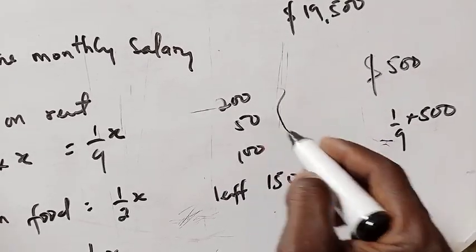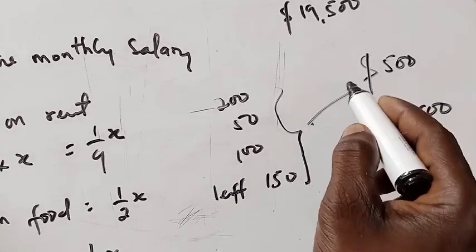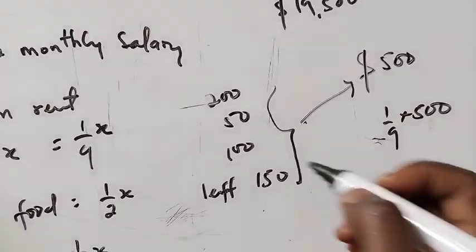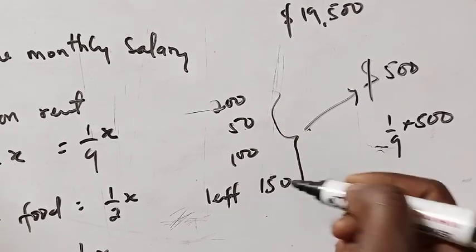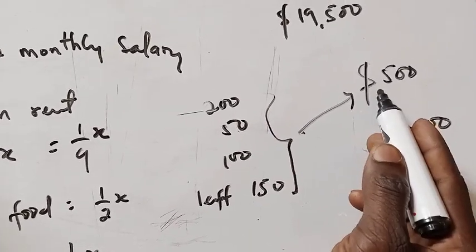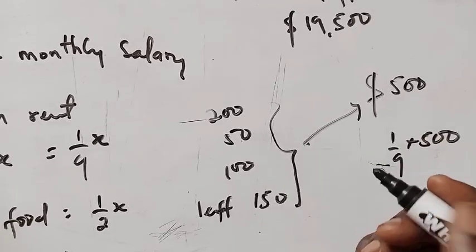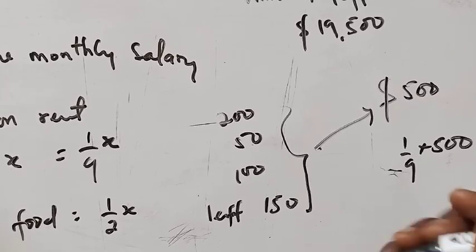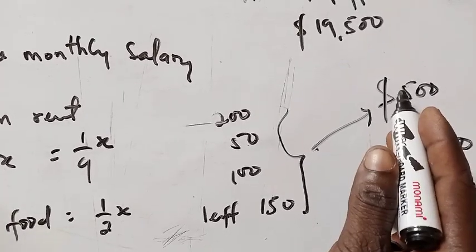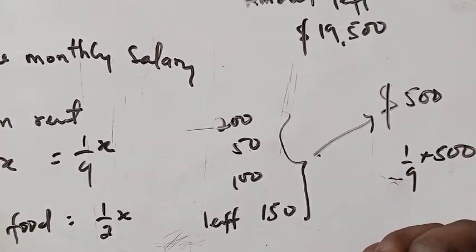If you sum everything together, you should have your $500. This plus this one will give 250, and this plus this one also 250, making $500. So all the expenses you made, if you sum them all together, you should have your total salary at the end of the month.